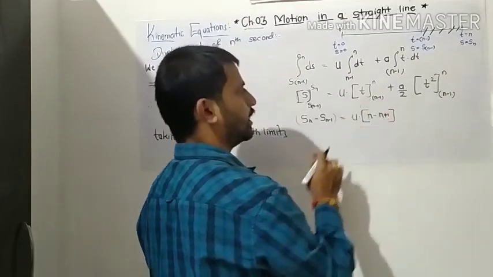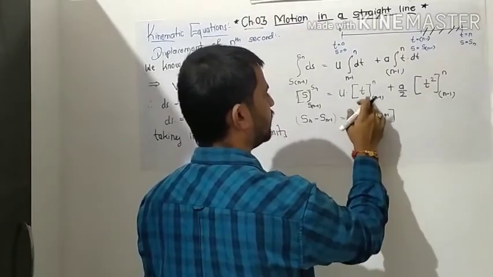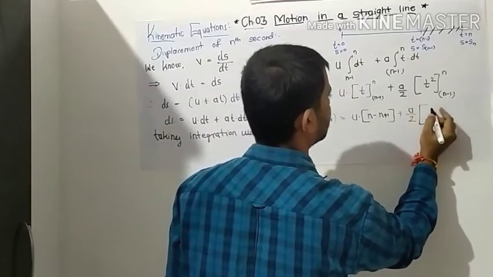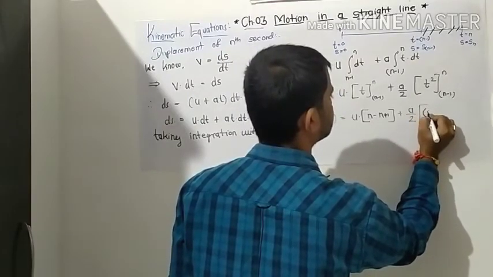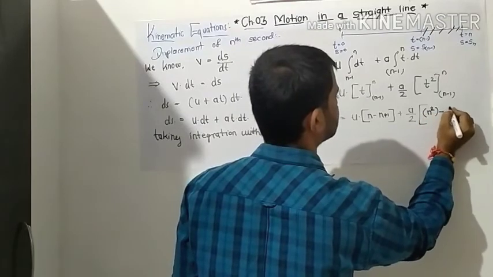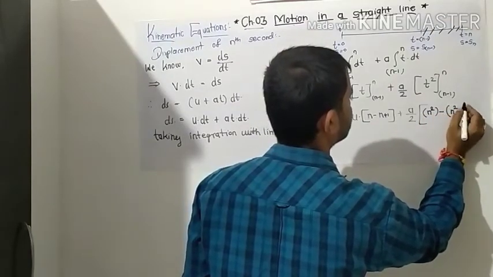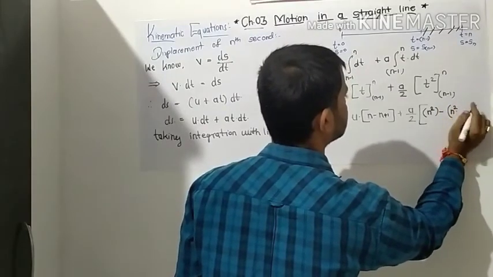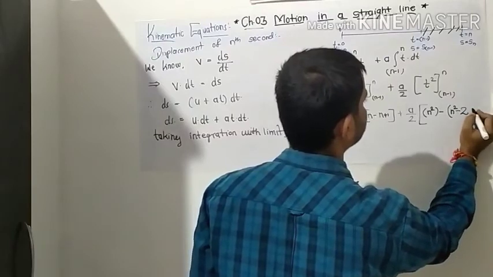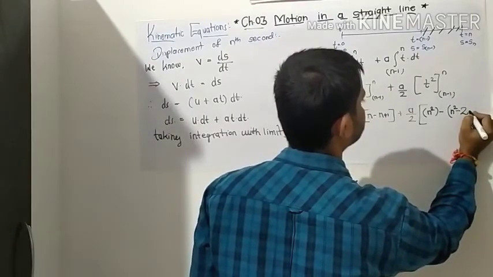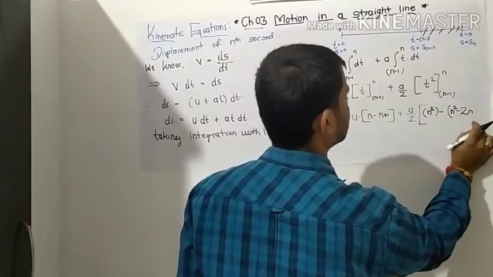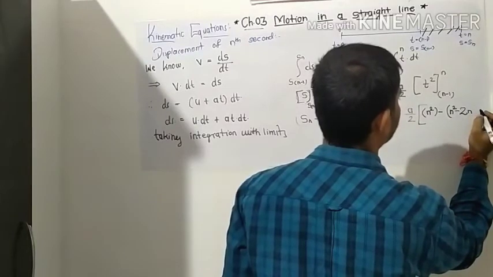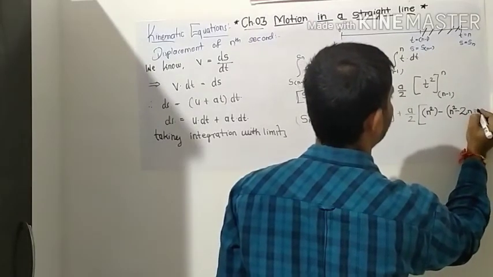By taking the limits here, we get upper limit minus lower limit, plus a by 2 into upper limit, n square, minus the lower limit n minus 1 whole square, which is n square minus twice n plus 1.